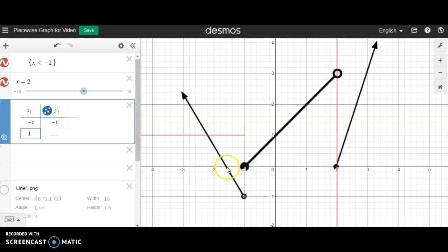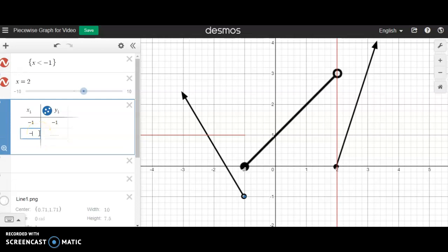1, 2, 3, 4, 5. So 1/5, 2/5, 3/5. Yeah. So that is 1 3/5. So I've got negative 1 3/5.